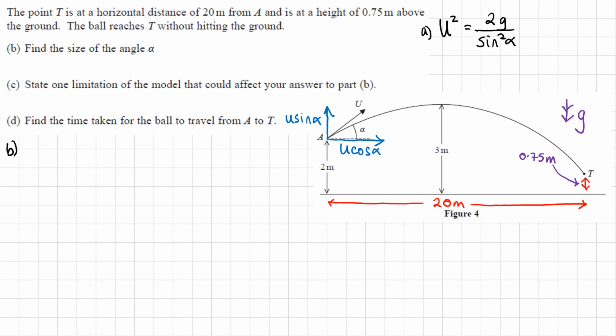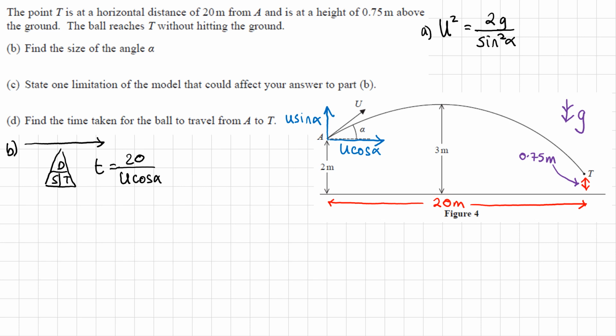So let's start horizontally, where we use speed, distance and time, and the time is going to be equal to the horizontal distance to that point, which is 20, over the speed horizontally, which is going to be u cos alpha. So we've got t is equal to 20 over u cos alpha.